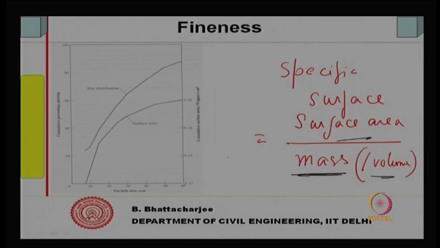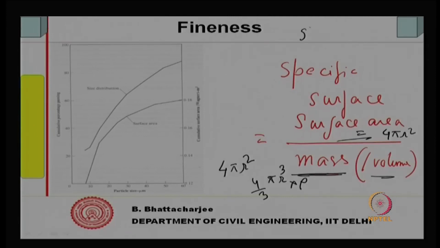Supposing I have a spherical particle. For a spherical particle, surface area for a single particle is 4 pi r square, and volume is 4 by 3 pi r cube, multiplied by rho, the density.